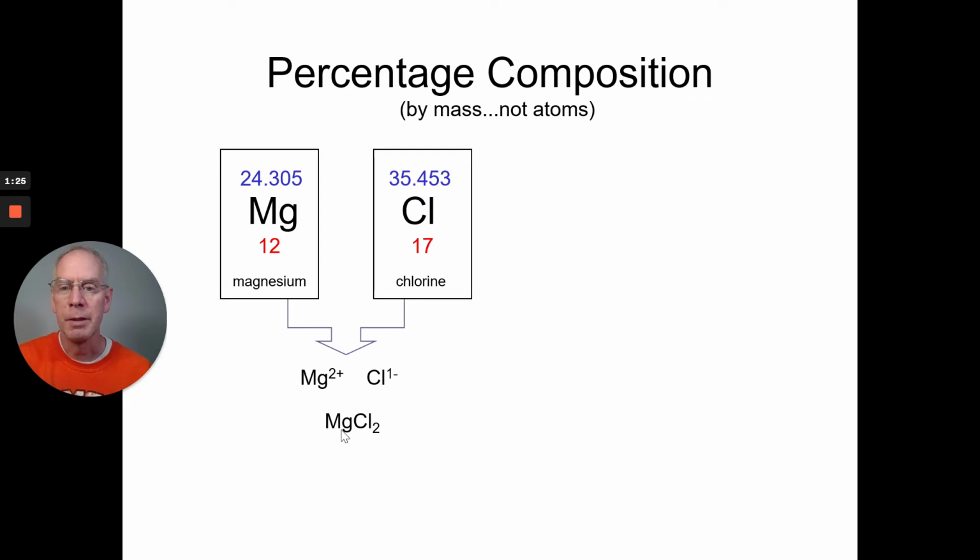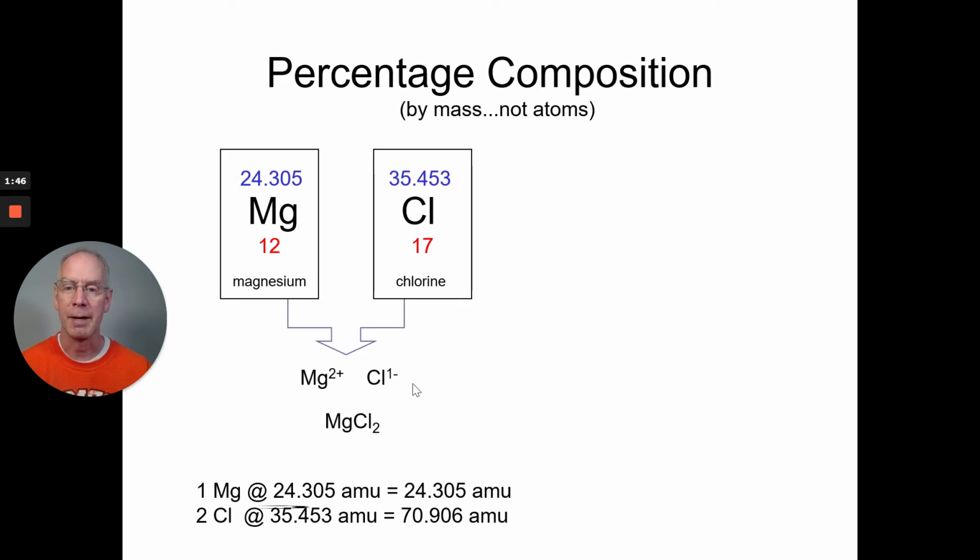I think you would agree with me that magnesium chloride contains 1 magnesium and 2 chlorine atoms. The molar mass of magnesium is 24.305 grams per mole. The molar mass of chlorine is 35.453 AMU, or excuse me, grams if we're doing molar mass, AMU if it's a single atom. Well, I'll figure the atomic mass here.